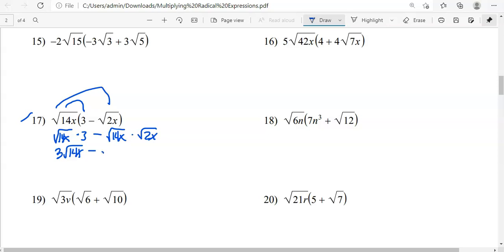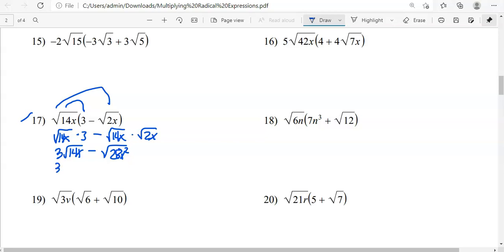Minus, multiply natin yung 14x and 2x, magiging square root of 28x squared. Okay, then dito walang factor yung 14, walang may square root dyan, same as yung x.